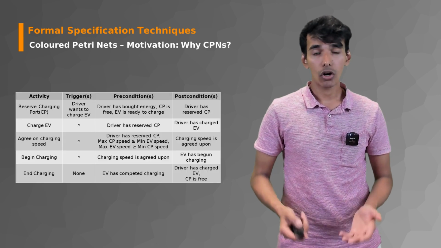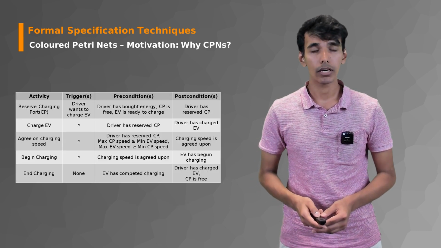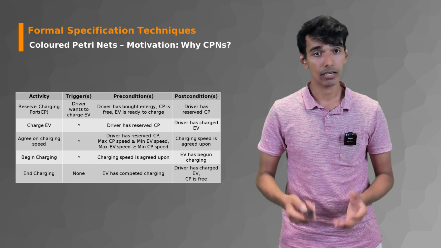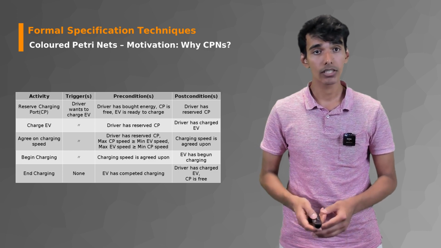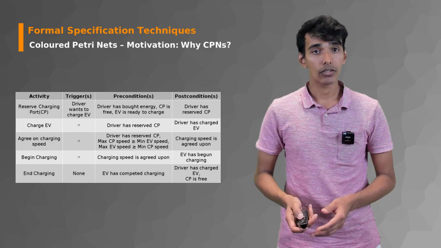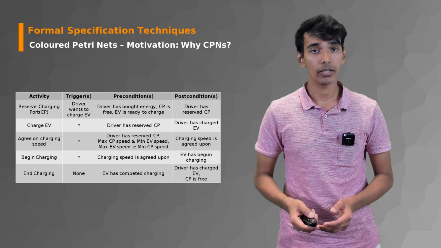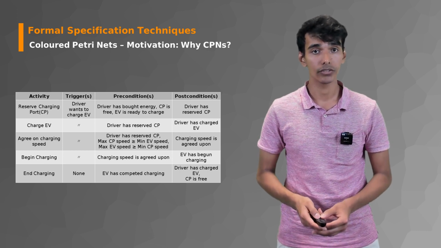So as you might recall, we talked about this very specific example of having an automated charging station. You might recall that you had a behavioral interface model of this system.